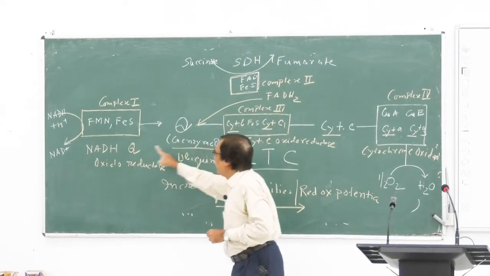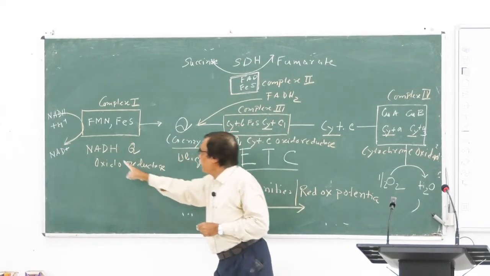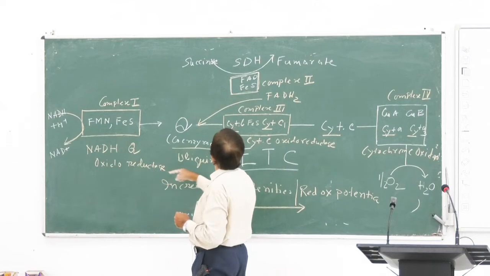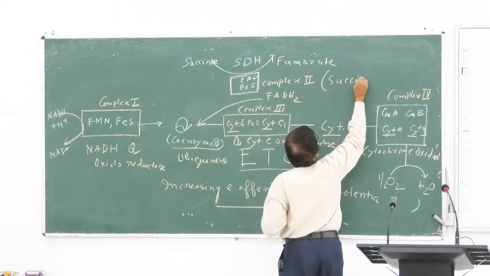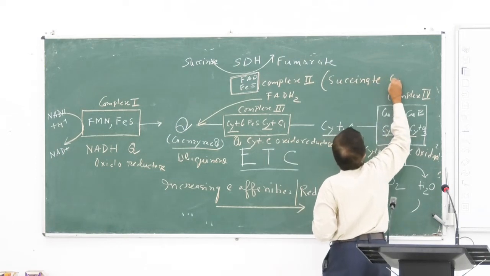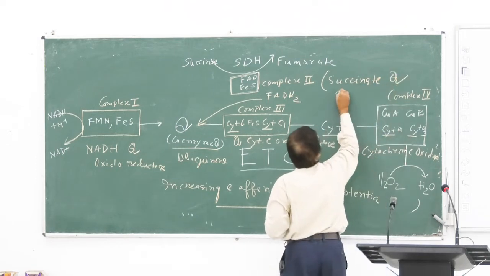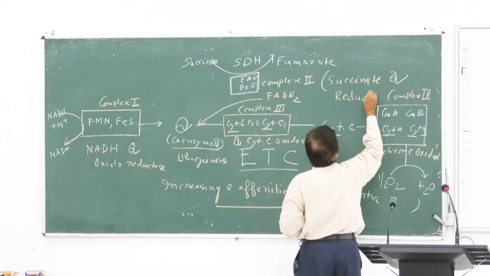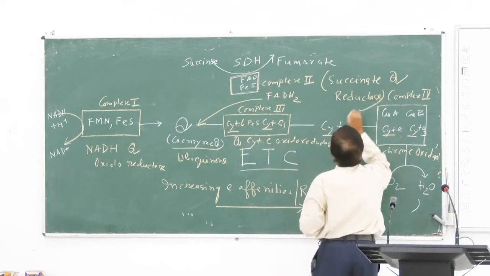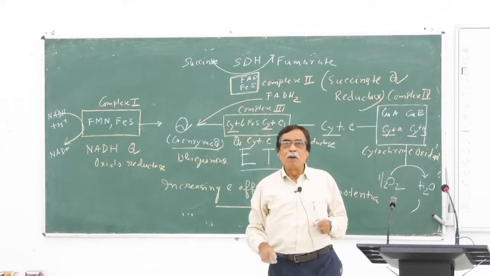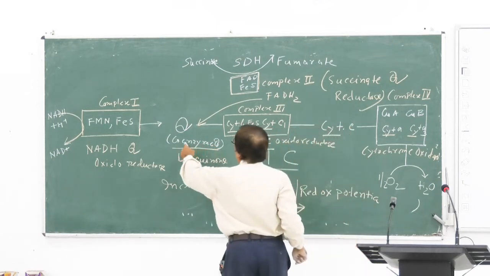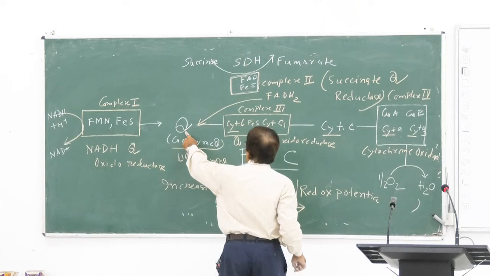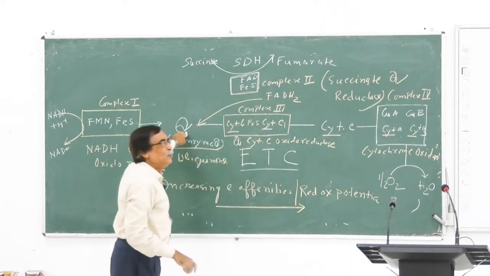FADH2 থেকে Q আসবে, NADH থেকেও Q আসবে, সেই জন্য it is called NADH Q অক্সিডোরিডাক্টেজ। এটাকে বলে সাকসিনেট Q অক্সিডোরিডাক্টেজ। সাকসিনেট থেকে Q এ যাচ্ছে, সেই জন্য সাকসিনেট Q রিডাক্টেজ আর অক্সিডোরিডাক্টেজ, whatever you call. Complex one transfers electron from NADH to Q. Q gets reduced, but it cannot stay reduced all the time.